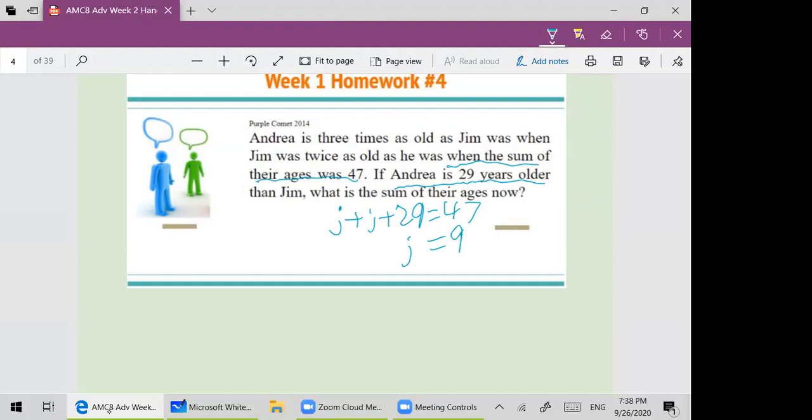So now Jim is twice that. So in this situation, Jim is 18. Now Andrea is 3 times that age, so she is 54 years old.